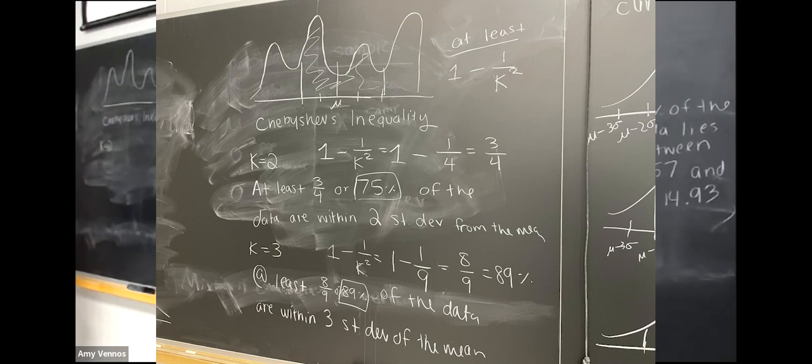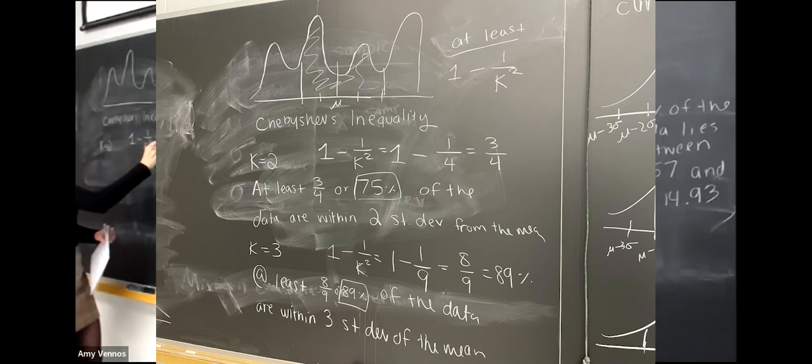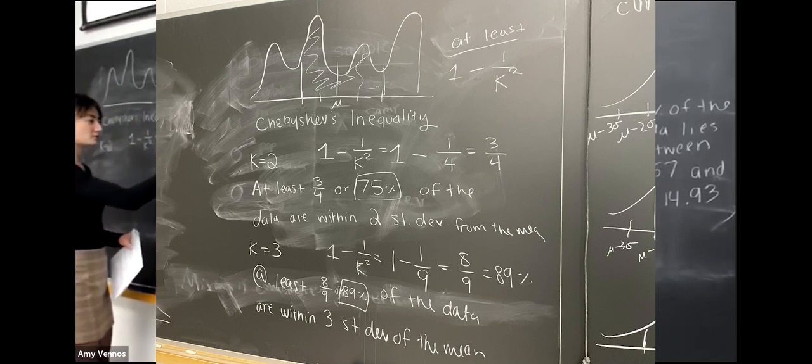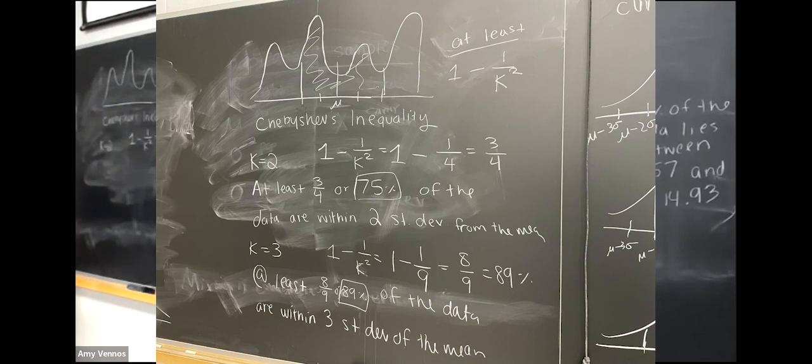Okay, so what Chebyshev's inequality says is that, let's first do this 1 minus 1 over k squared thing. Okay, plugging in 2, I get 1 minus 1 over 2 squared, which is 4. Okay, that ends up being 3/4. Okay. So when we put this all together, we know that at least 3/4, right?